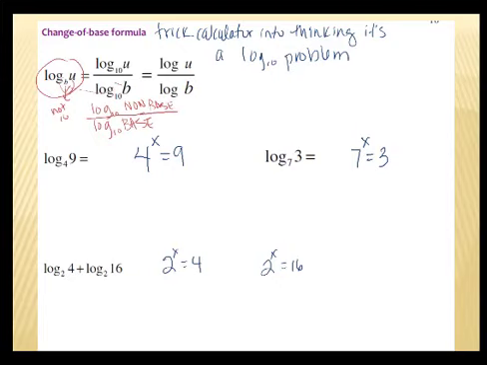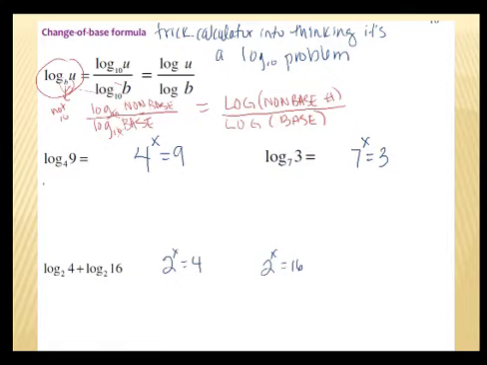And then when we go to type in the calculator, we don't need to write the base of 10. That 10, remember, is invisible. So we're just going to write log of the non-base number and divide it by log of the base. Remember that base is always in the bottom, like the basement or baseboards are always at the bottom. So just make sure you put the base, that little tiny number, in the bottom.